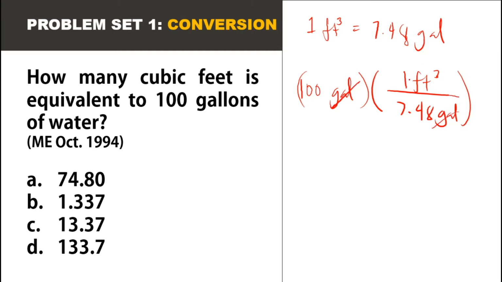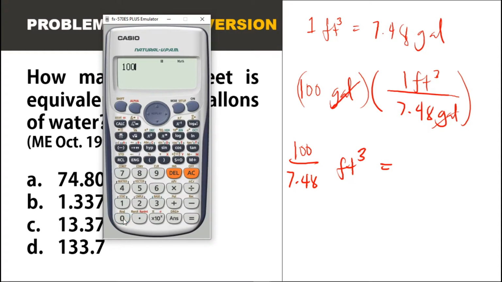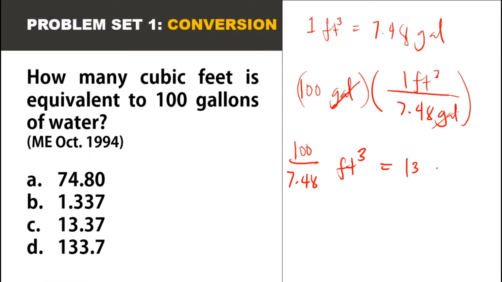We have cubic feet as our unit. So that is 100 divided by 7.48 cubic feet. We have 13.37 cubic feet. So we have letter C as our answer.